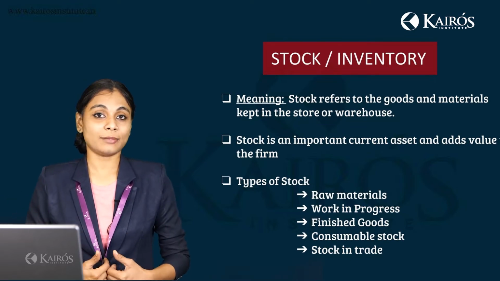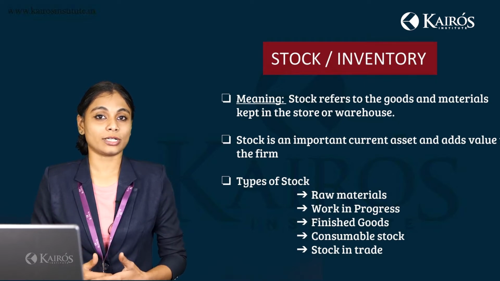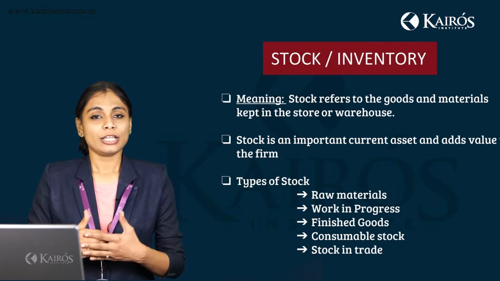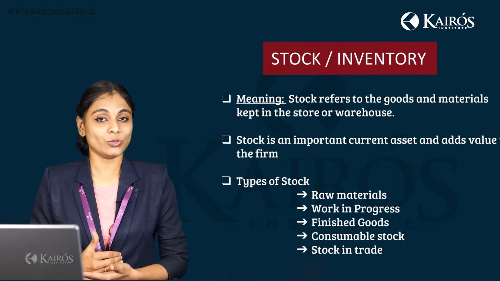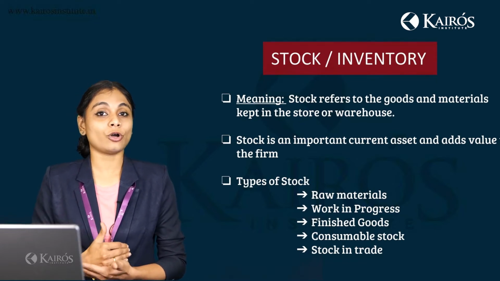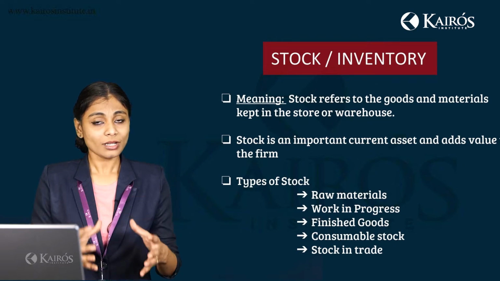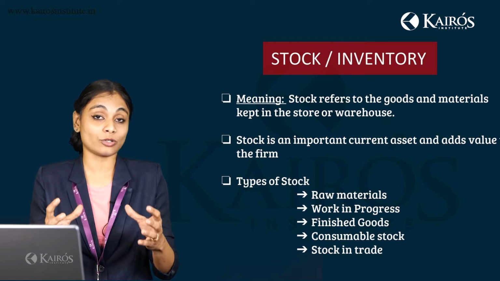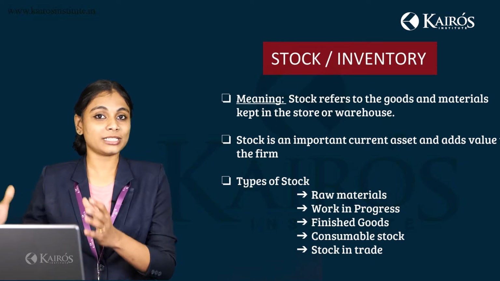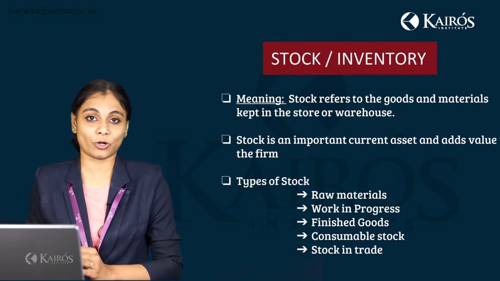Now the second type of stock is work in progress. What is work in progress? Work in progress is also known as semi-finished good or unfinished good. This is the material which has been converted from its raw form, but it has not reached its finished product form.